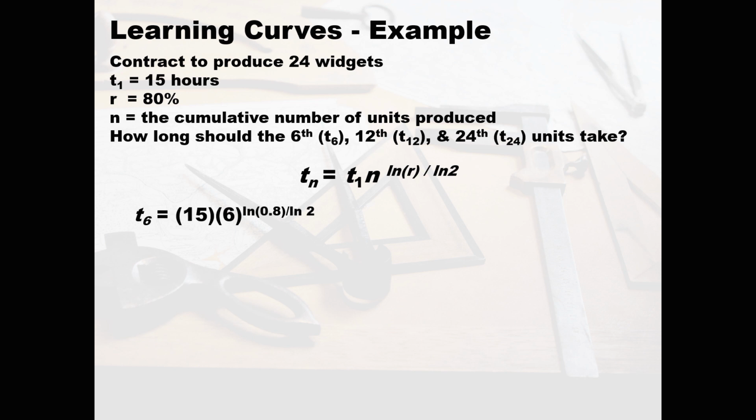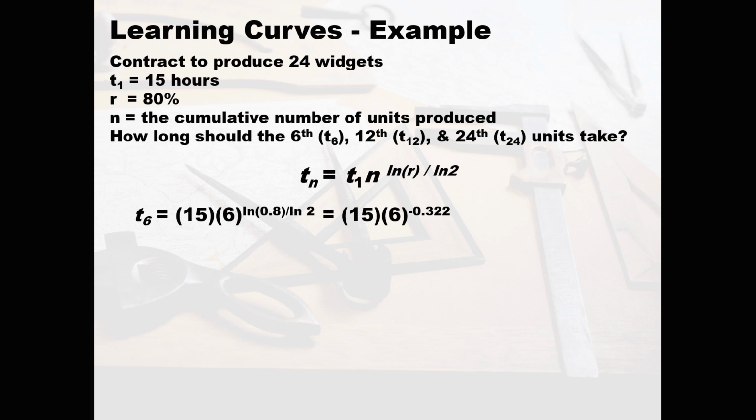We're looking at the average time it's going to take when we get to the 6th widget. So we're going to take 15 and multiply it by 6 raised to B, which is the natural log of 0.8 divided by the natural log of 2.